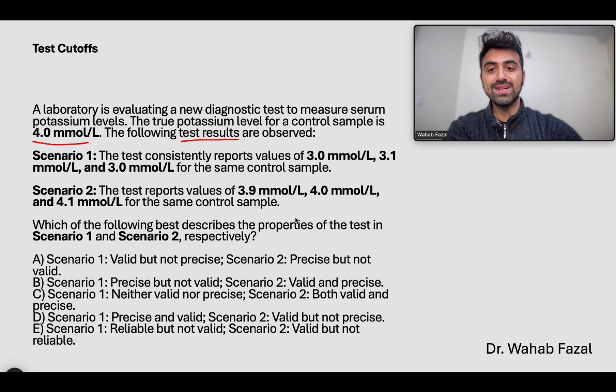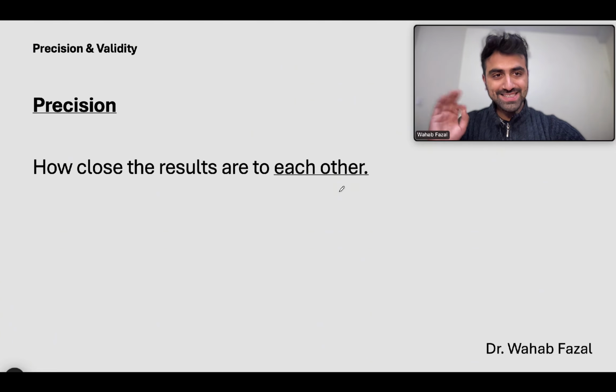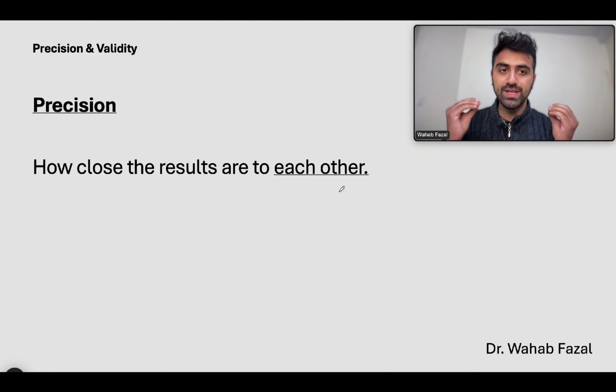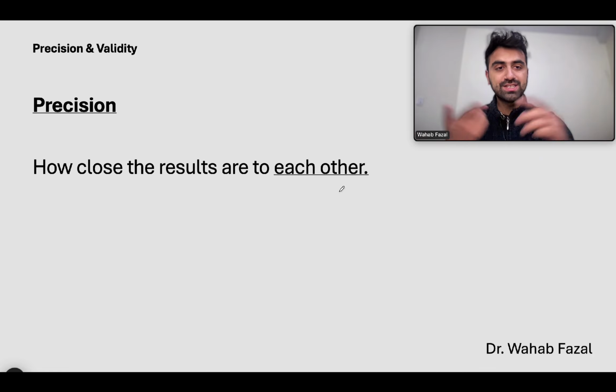So now let us try to understand what precision and validity are. Let's look at precision first. What precision means in its essence is how close the results are to each other. Meaning if you repeat the measurement again and again, for example measuring blood glucose level through finger stick measurements, this test one time gives the value of 100.